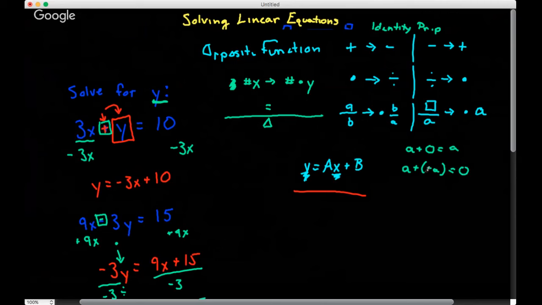Okay, so when you have addition, your identity is 0. When you have multiplication, your identity is 1. Okay, so what you're looking at here is these two things, all right? The identity of addition, where a plus a negative a is going to equal 0, and the identity of multiplication, where a times 1 over a is going to equal 1, okay?